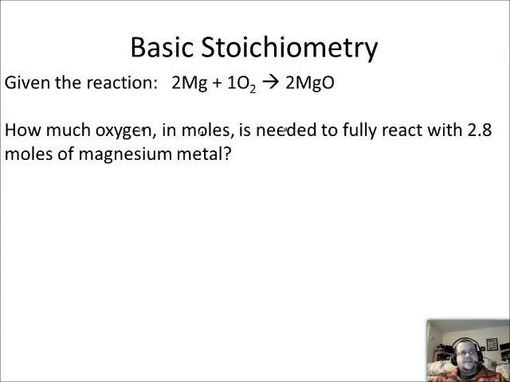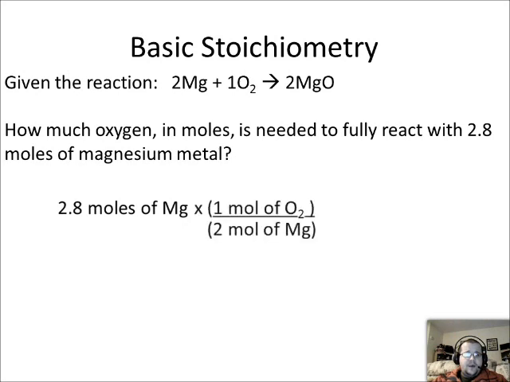Now, the question asks us, how much oxygen in moles is needed to fully react with 2.8 moles of magnesium metal? Now, to start this off, let's begin with the value we're given, 2.8 moles of magnesium. And we're going to look to the balanced reaction for a conversion factor.